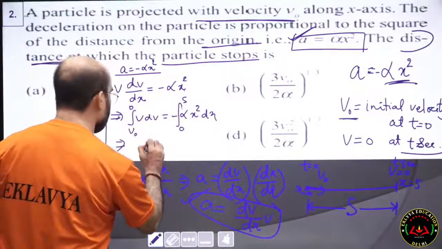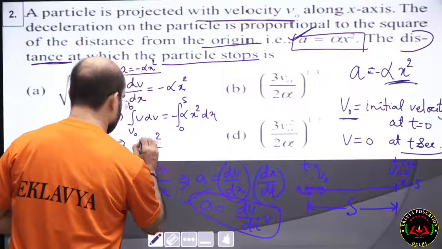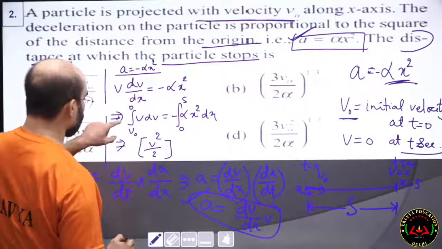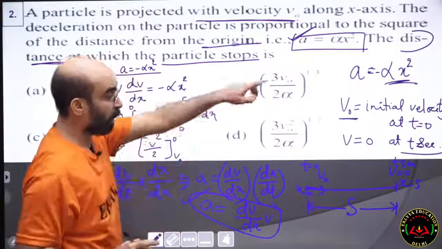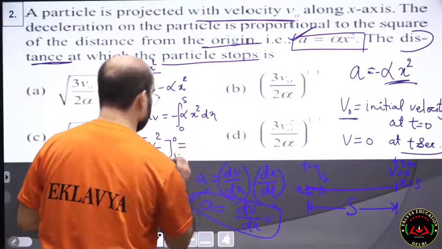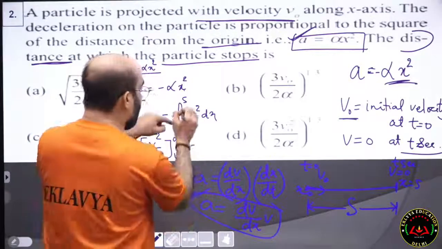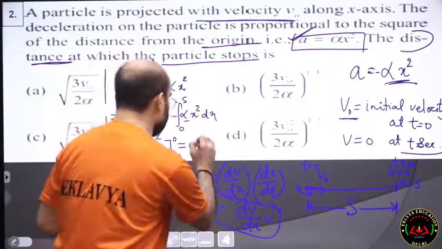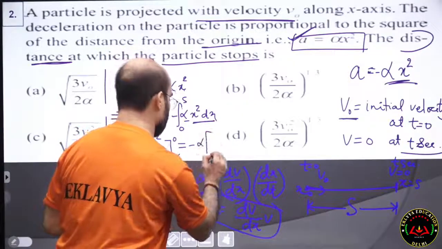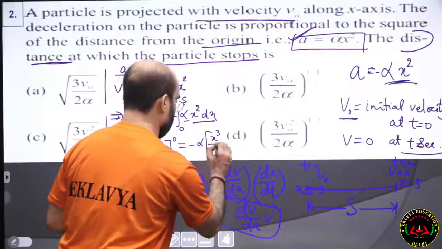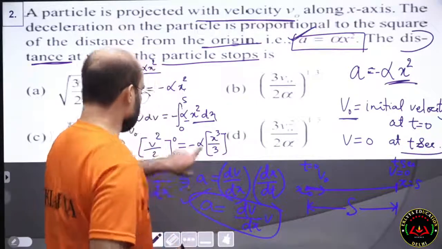We have v square by 2, and then we have limits from v0 to 0 as per the given situation. This equals, here minus alpha is constant, right? Alpha is constant, so it is taken out of this. Now x square into dx comes out to be x cube by 3. All right, this is the expression.